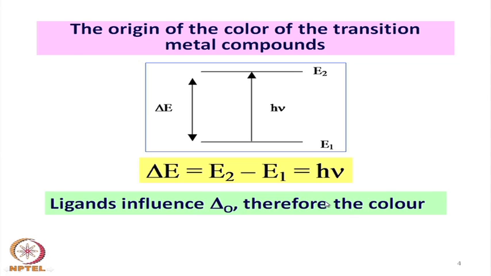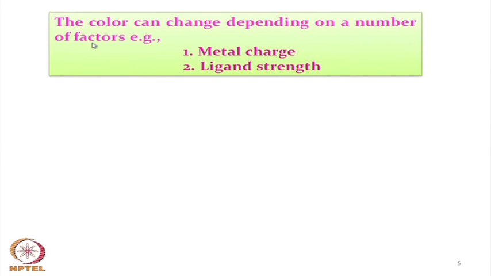We are not going to change the oxidation state immediately, but we can change the ligands from one to another. So, the color can also depend on a number of factors such as the metal charge and the ligand strength. Metal charge, we have seen right now with vanadium from oxidation state 2 to 4: if we oxidize the center, we have different types of interactions with the surrounding ligands.